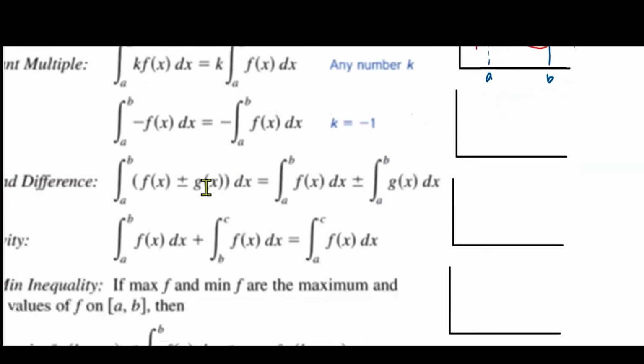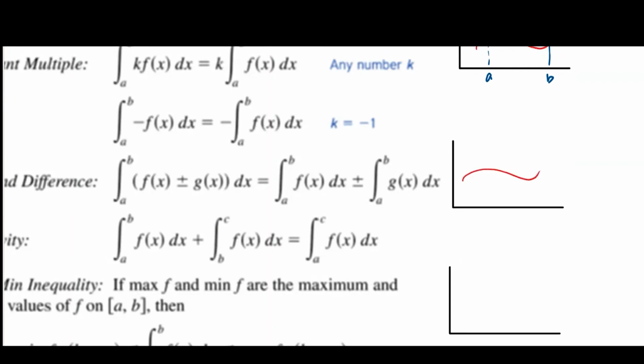Talk about this one. So if you have f and g together, I'm gonna get rid of that one and bring this one up. What does that look like, right? Say function f looks like this. And then function g, now you're adding it, right?